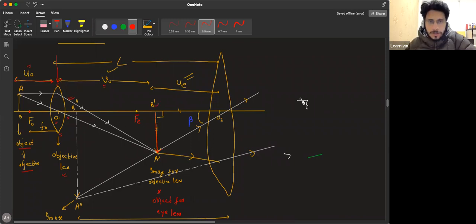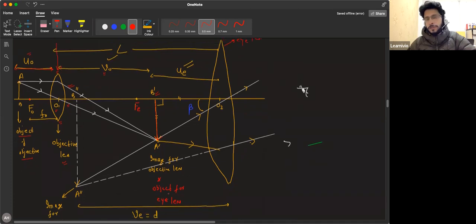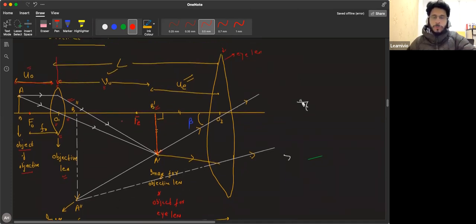Now, this image of the objective lens will act as an object for the eye lens. This is your eye lens. So A prime, B prime is the image for the objective and the object for the eye lens. We will set the separation between the two lenses in a way that this image, A prime, B prime, comes between the focus of the eye lens and the optical center of the eye lens.